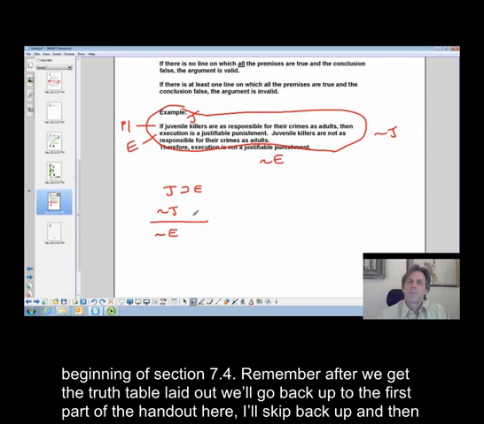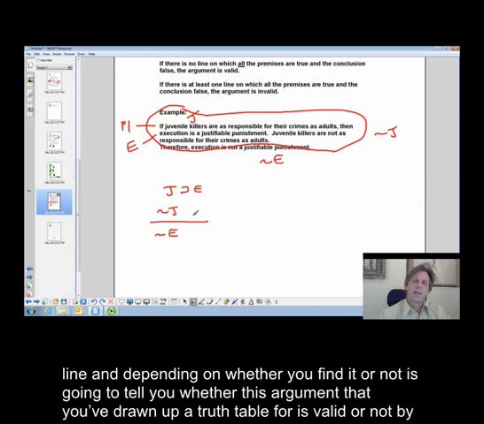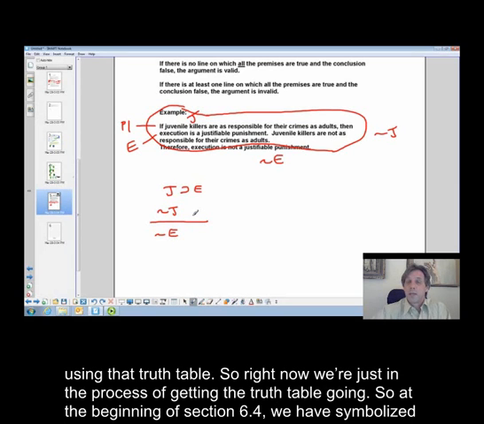I'll skip back up, and then we'll talk about some of the stuff up there that you need to know, because once you look at a truth table for an argument, you're looking for a specific line, and depending on whether you find it or not, is going to tell you whether this argument that you've drawn up a truth table for is valid or not. Okay, so right now we're just in the process of getting the truth table going.